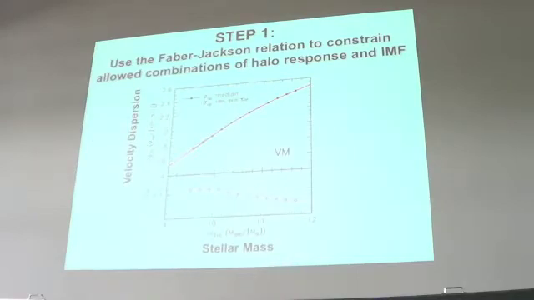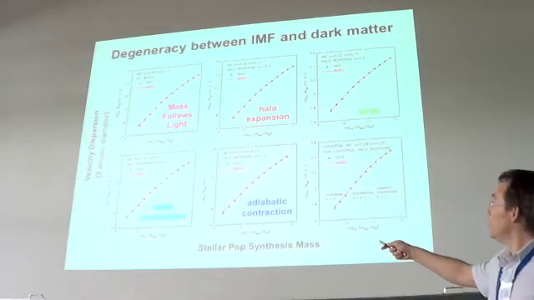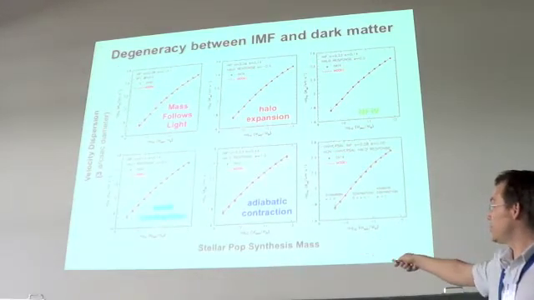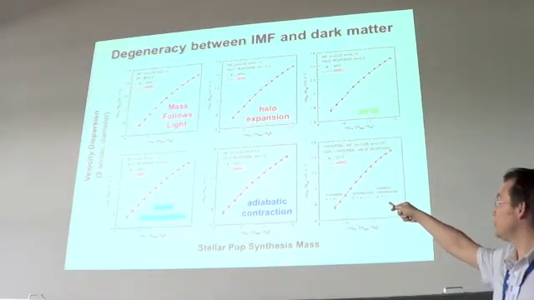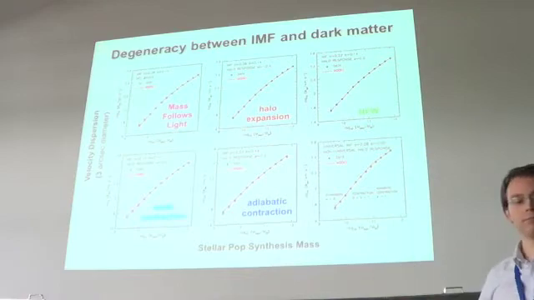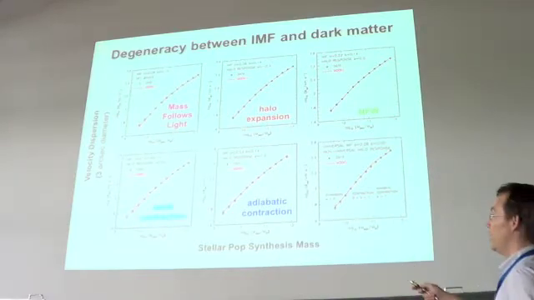The first thing we do is use the velocity dispersion mass relation to constrain these 2 parameters. We have 2 parameters in one relation, so we're going to have a degeneracy. That's okay. This is the same plot, velocity dispersion versus stellar mass, using a Chabrier IMF, and we tune the offset between the true stellar mass and the Chabrier IMF mass as a power law.